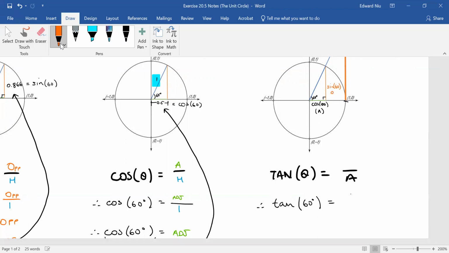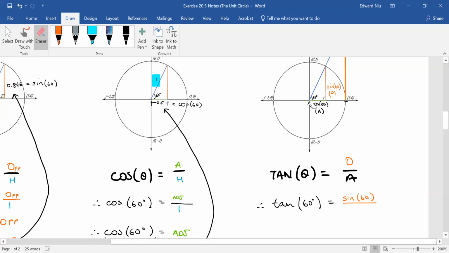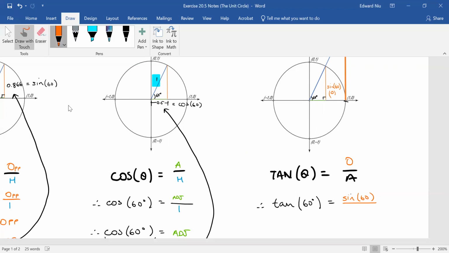So the opposite is sine 60, or 0.866, divided by the adjacent, which we had in green. The adjacent here in green was cosine 60. Yeah, that's our adjacent.